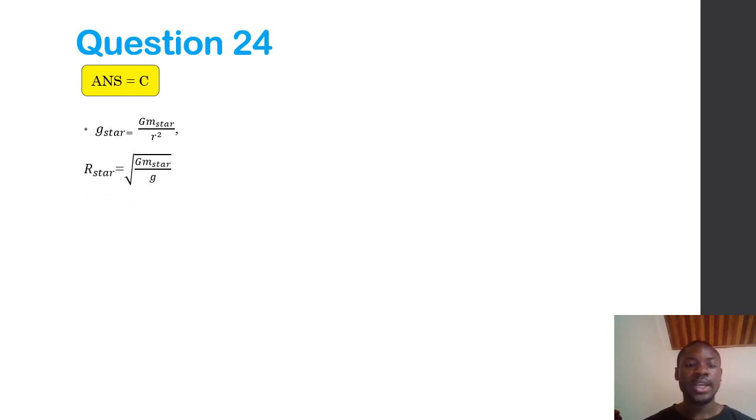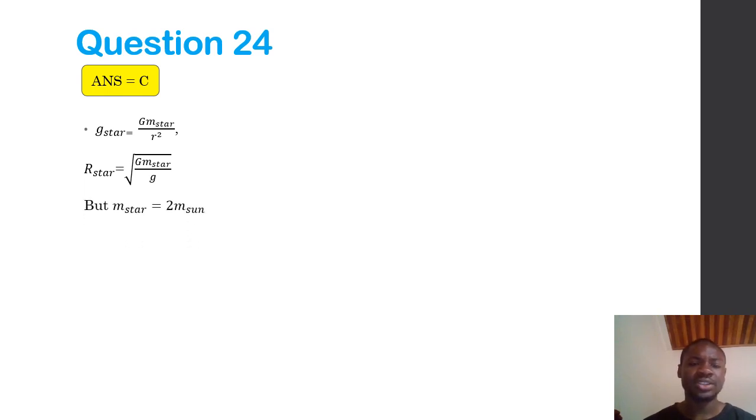Question 24. The answer is C. The gravitational field strength of the star is equal to the gravitational constant times the mass of the star divided by r squared. So the radius of the star is equal to the square root of G times the mass of the star divided by g.